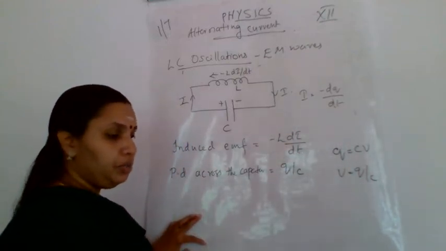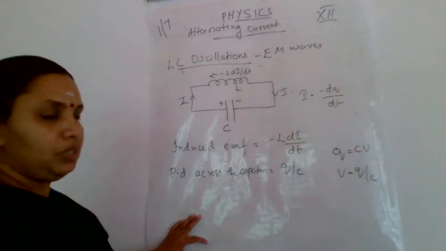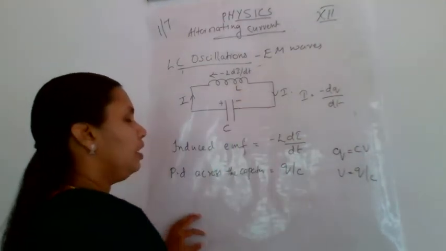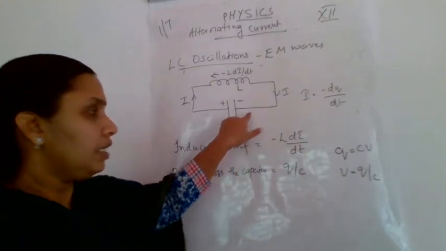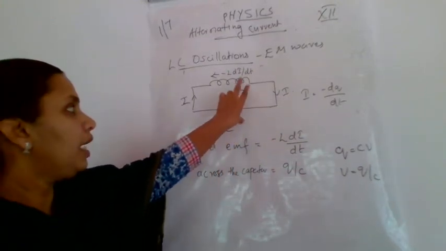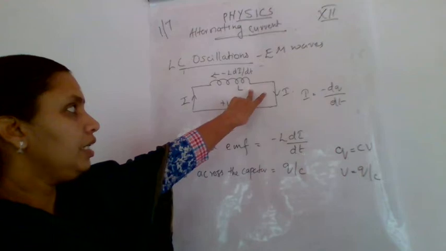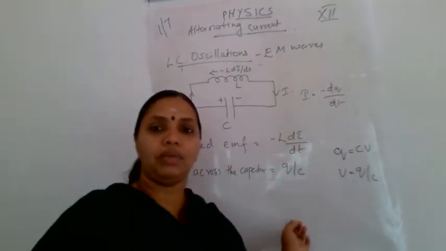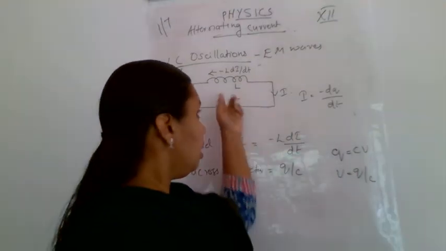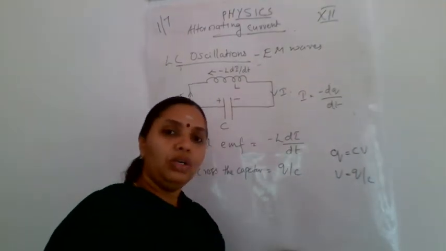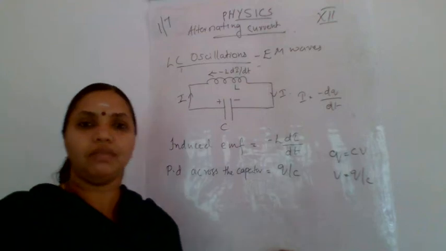Then according to Kirchhoff's law, what is it? According to Kirchhoff's second law, this is the loop law, states that the applied potential difference and the potential drop across each component will be equal, or the net potential across the closed loop is equal to 0. That is the Kirchhoff's second law.